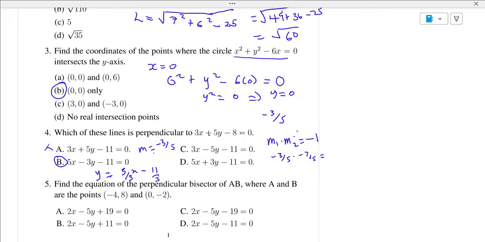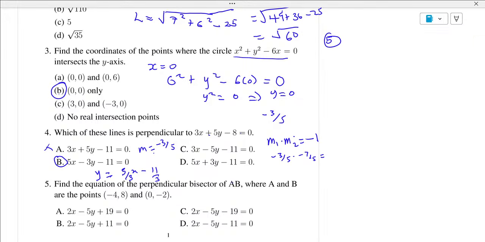Now question 5. Question 5 says find the equation of the perpendicular bisector of AB where A and B are the points -4, 8 and 0, -2. Now, if we talk about the perpendicular bisector, we mean a particular line that is going to cut line AB into two equal parts at an angle of 90 degrees.